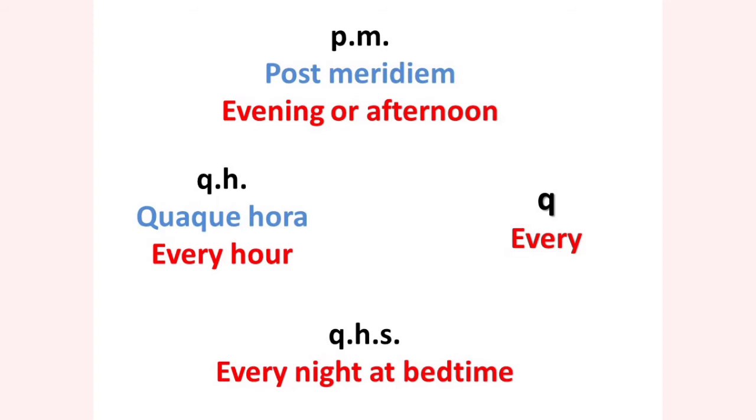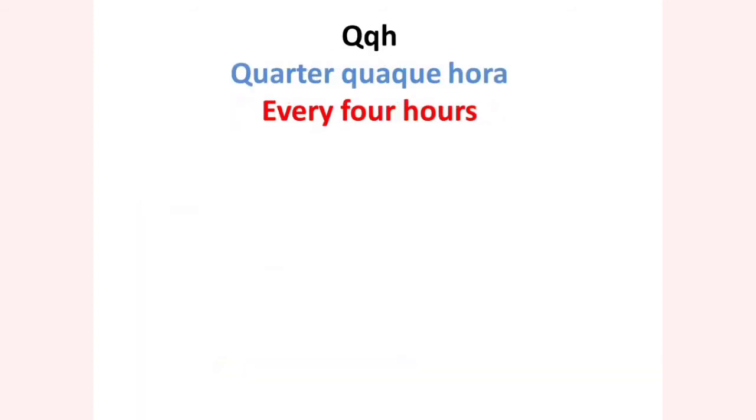As I told you, HS means bedtime, and Q means every. So combining Q and HS, it will be every night at bedtime. And another is Q4H, that is quaque quarta hora, meaning every 4 hours.